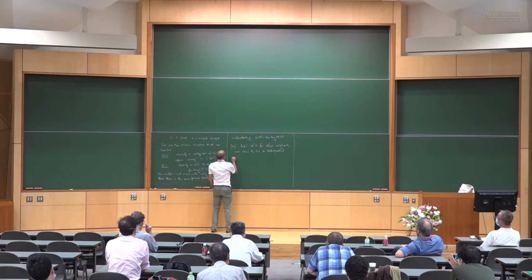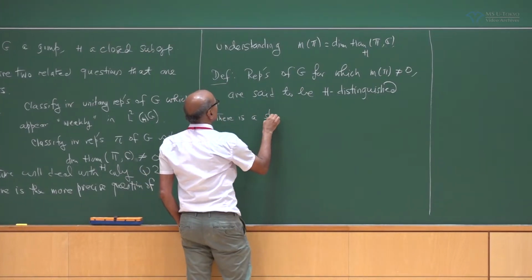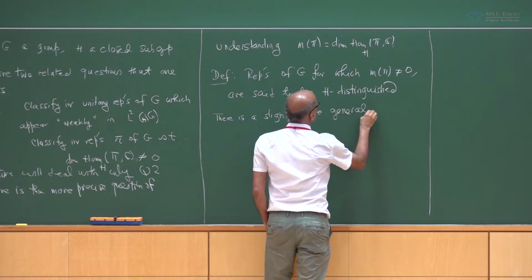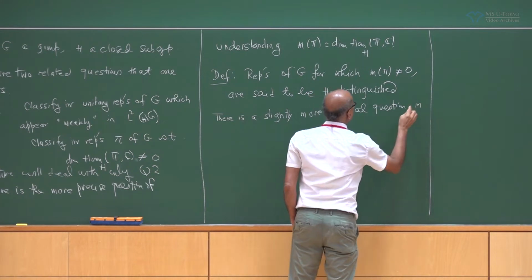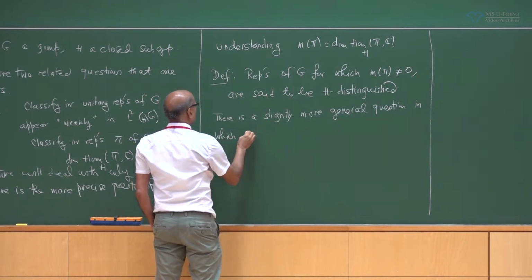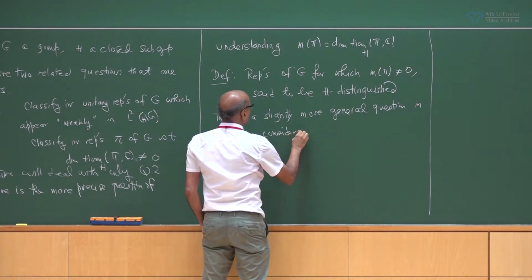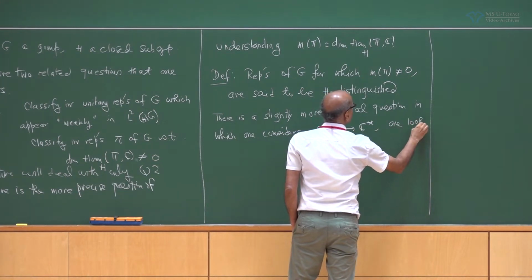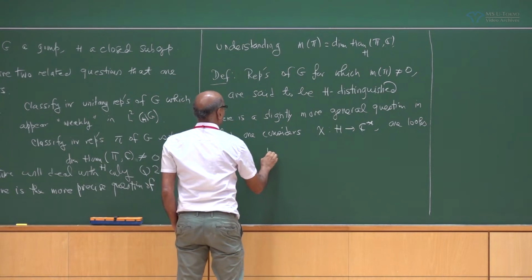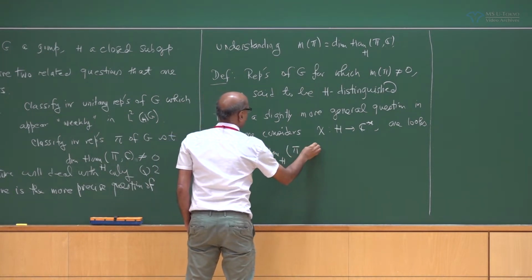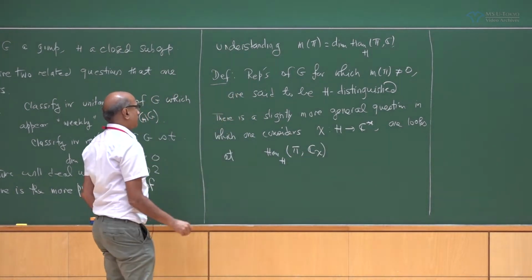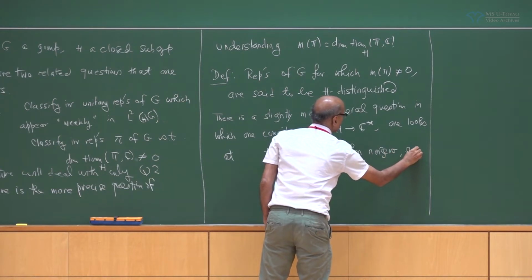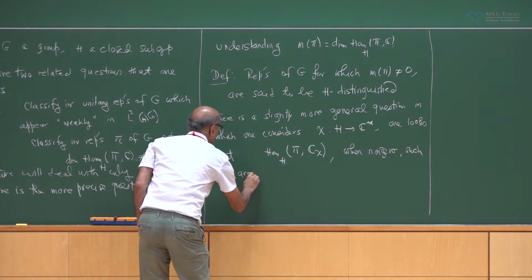There is a slightly more general question in which one considers characters chi from H to C star, and one looks at the Hom space of H-equivariant maps from pi to C chi, and when non-zero, such pi are called chi distinguished.